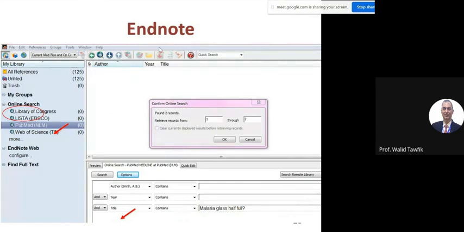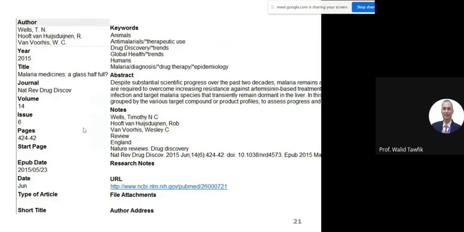One of the tools which we can use to introduce references is EndNote. Of course, EndNote is a well-known application which a researcher can use for referencing his proposal. This is one example in which we introduce one reference.